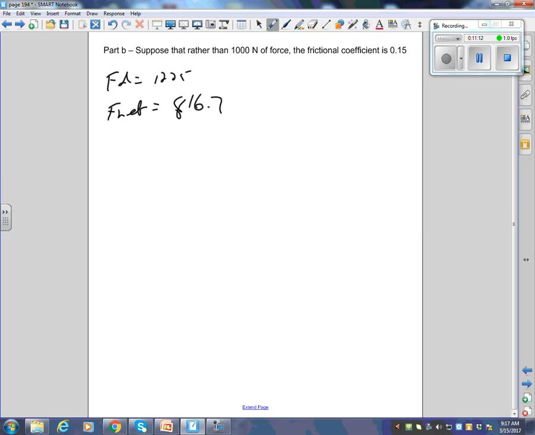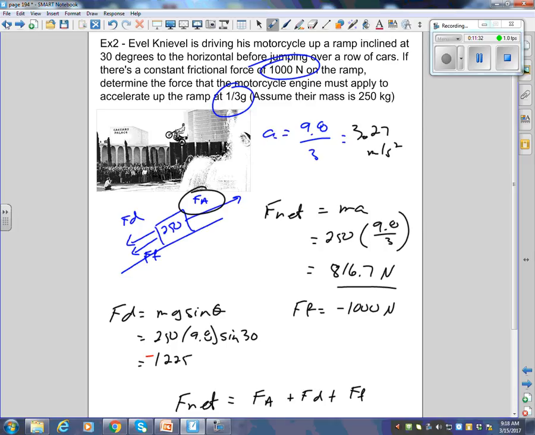Mu equals FF over Fn. Do we have the Fn? We do not. Fn is going to be mg cos theta. So that would be your 250, 9.8, cosine 30.